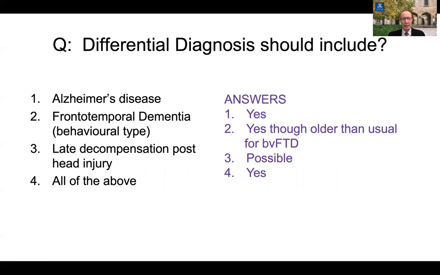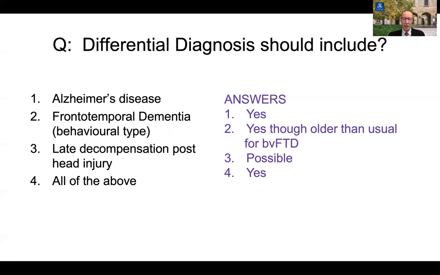The answers are yes, could be Alzheimer's disease, memory is down, but naming is really down, a bit more than we'd expect compared to the memory decline. Frontotemporal dementia, yes, there's some behavioural inappropriateness. The trouble is the patient's older than we'd usually expect for behavioural frontotemporal dementia. They're in their 70s.